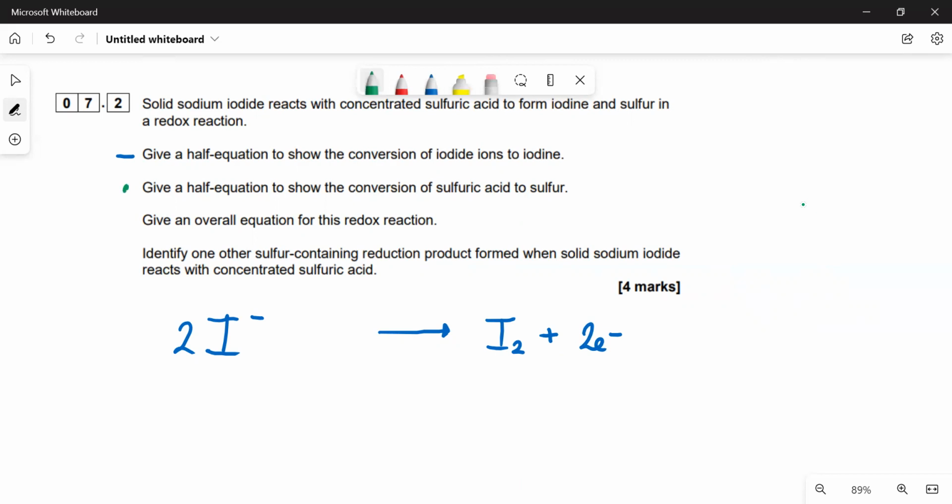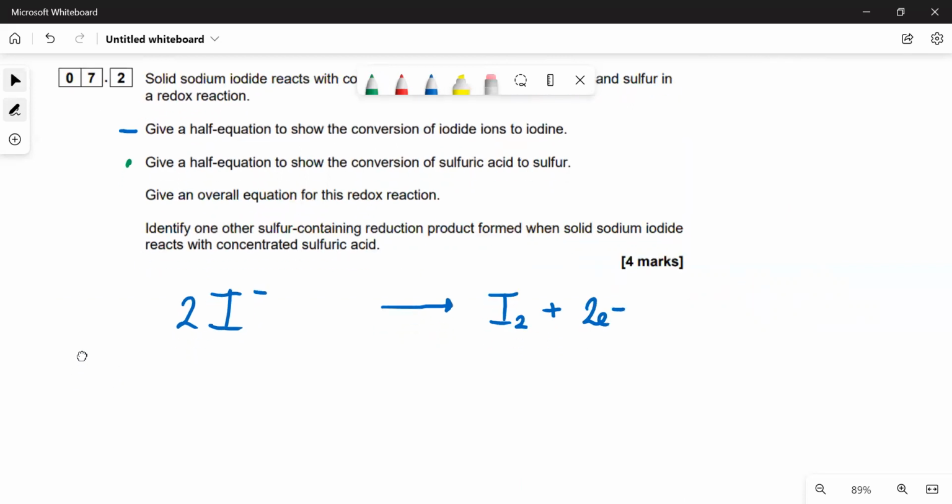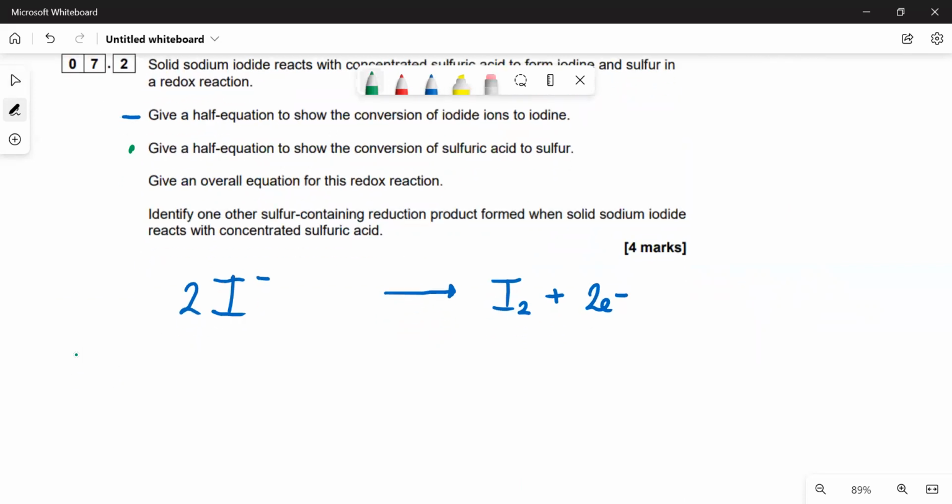Conversion of sulfuric acid to sulfur. Okay, so we're going to have H2SO4, and that's going to get reduced to sulfur. Right, first of all, we need to balance for our oxygens. We've got 4 on the left and we've got none on the right.